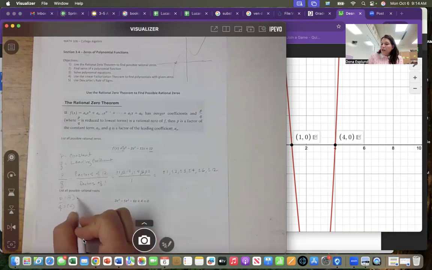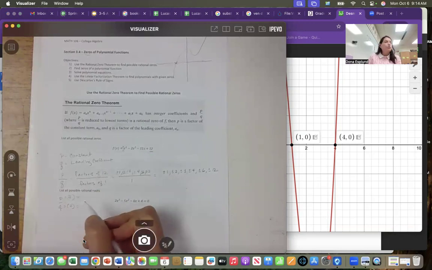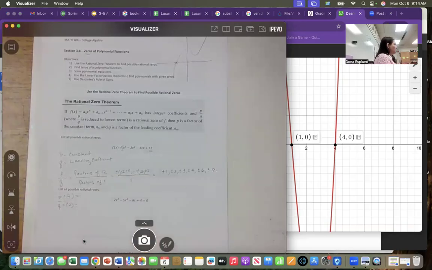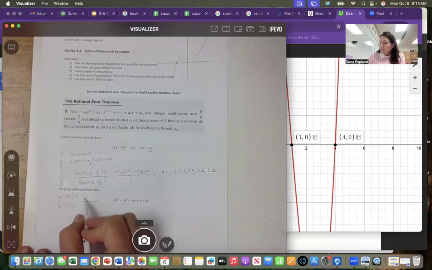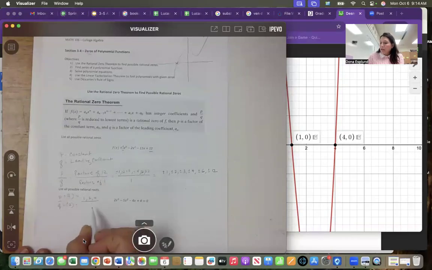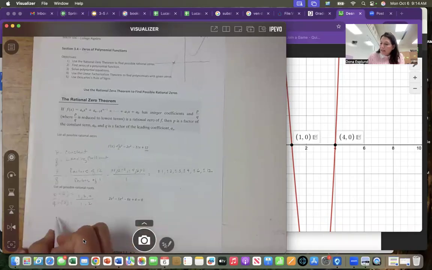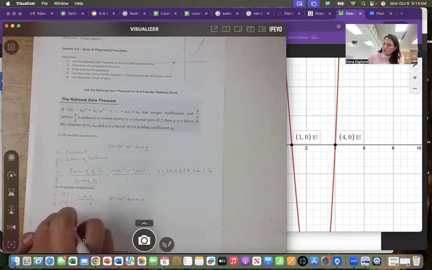Now, that means I'm not just going to use 4 and 2, I'm going to use all of their factors, okay? So what are the factors of 4? And the factors of Q would be then?